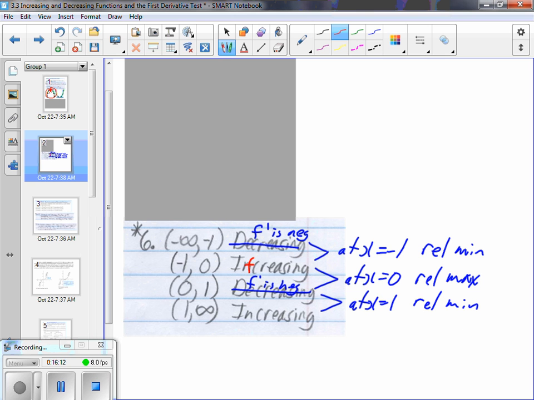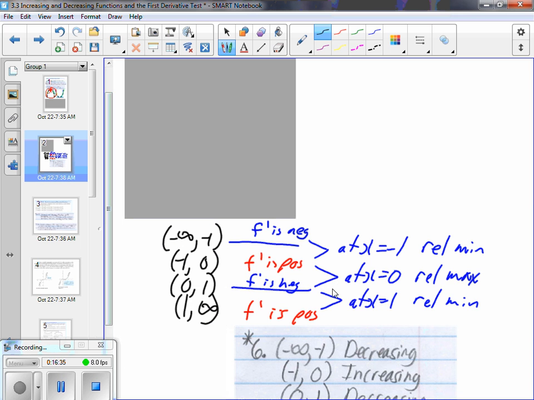Positive. F prime is positive. Now, let me write these intervals too. So from negative infinity to 1, and so on to infinity.